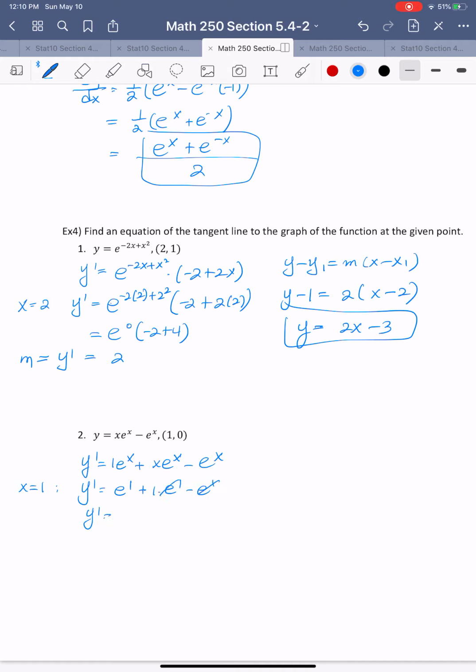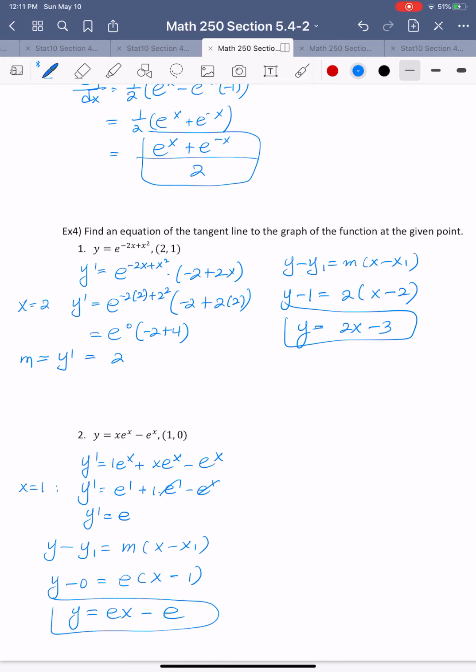So y prime is e. So now, using the equation formula, y minus 0 equal to e times x minus 1, and then y equals ex minus e.